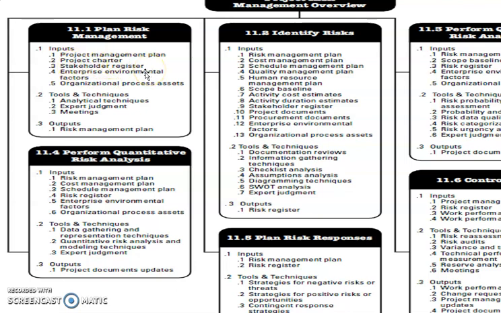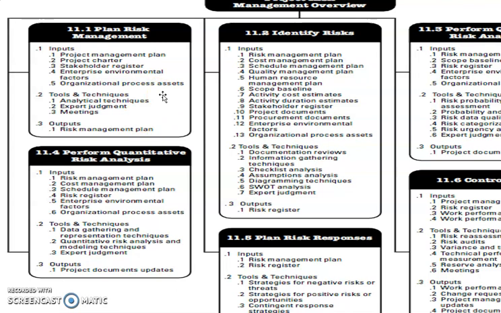It's a register which contains the details of your positive stakeholders, negative stakeholders, and who are all interested in your project. Your project team, everything is included in this stakeholder register. Enterprise environmental factors and organizational processes we have discussed in our earlier slides.